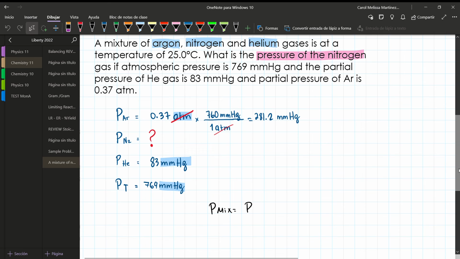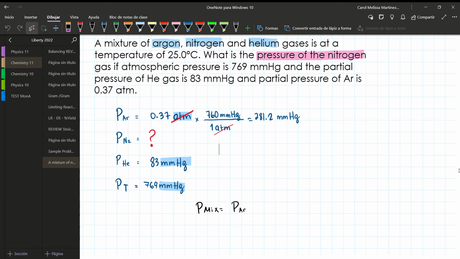So I have pressure of argon plus the pressure of nitrogen gas plus the pressure of helium gas. I will isolate nitrogen. Argon is adding, goes to the other side to subtract.